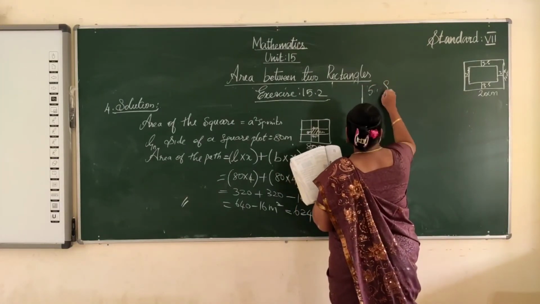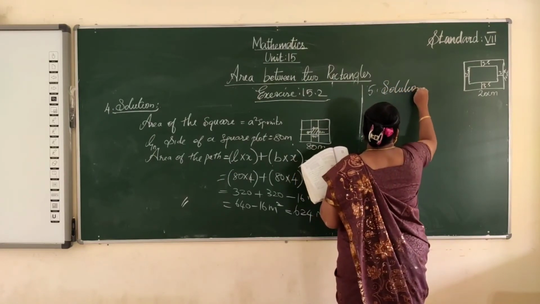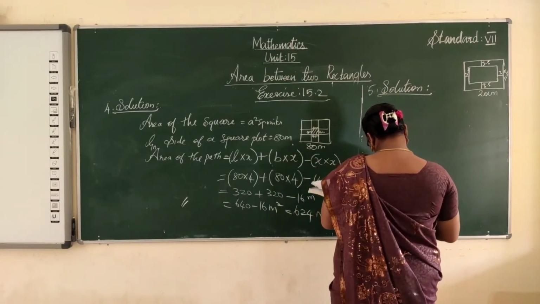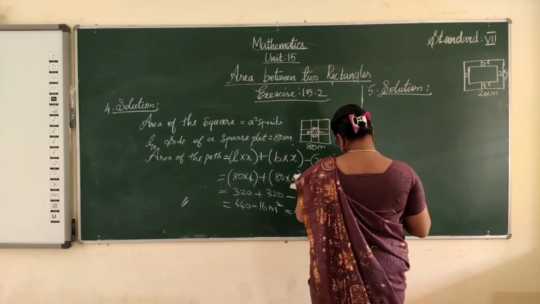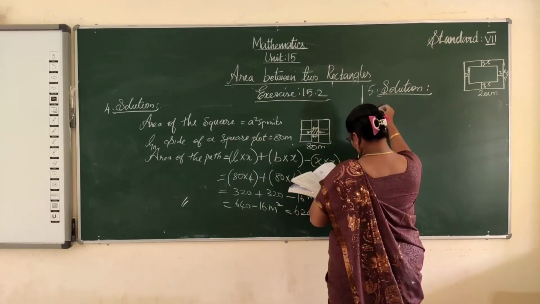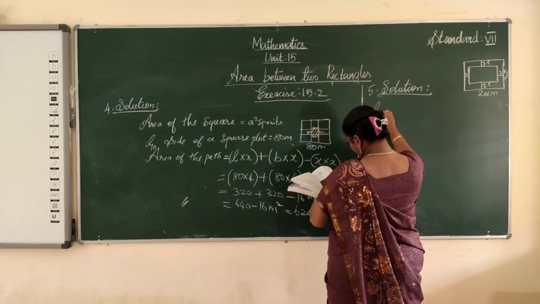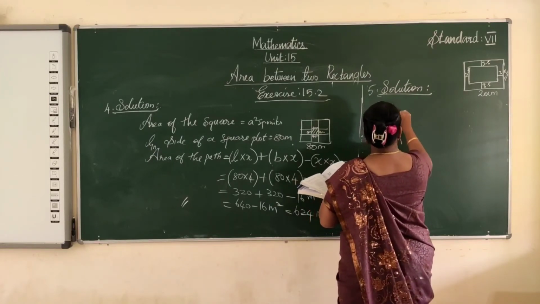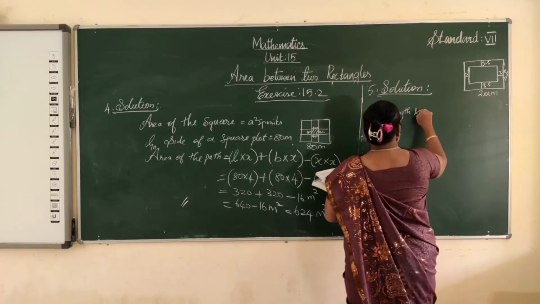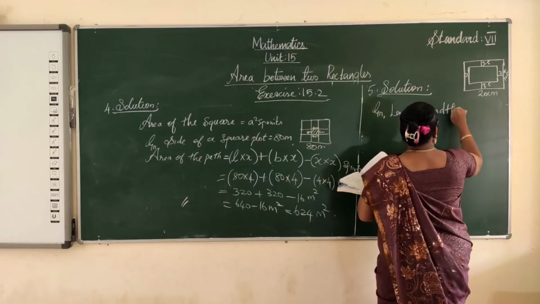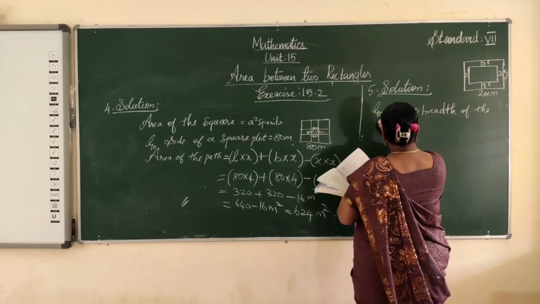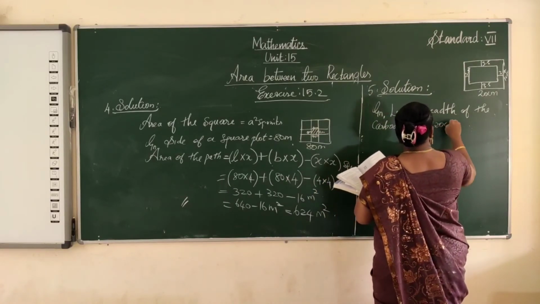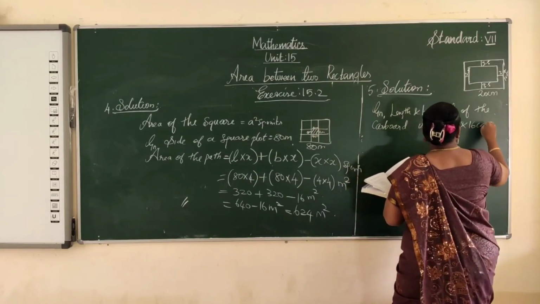Okay, the fifth one, given length and breadth of the cardboard is 20 centimeter and 16 centimeter respectively.